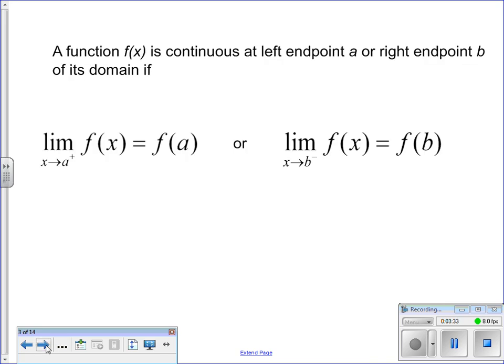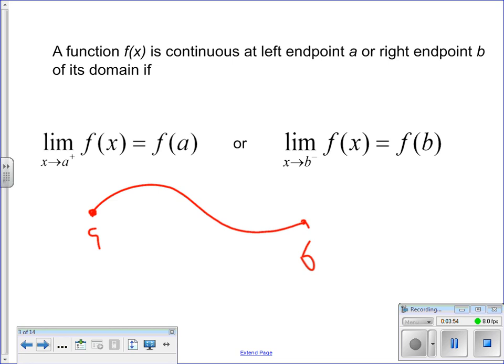Now, a function f of x is continuous at a left endpoint or a right endpoint if, so at a left endpoint. So if I have, here's point a, here's point b.